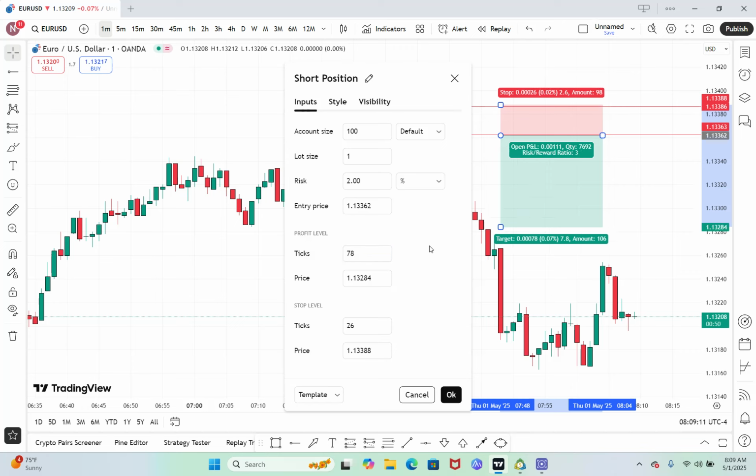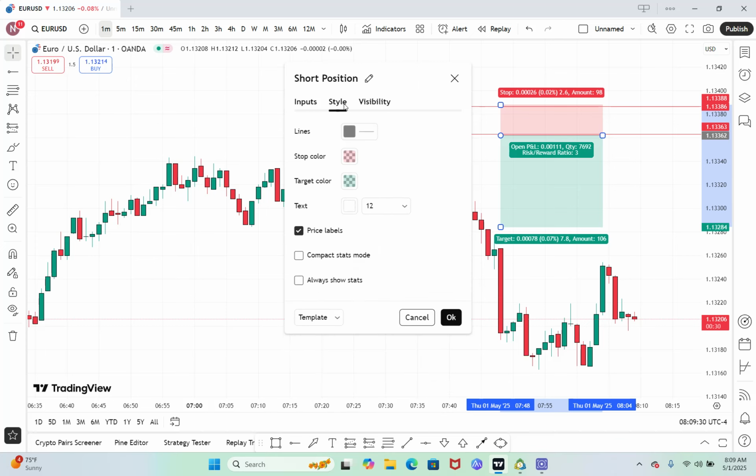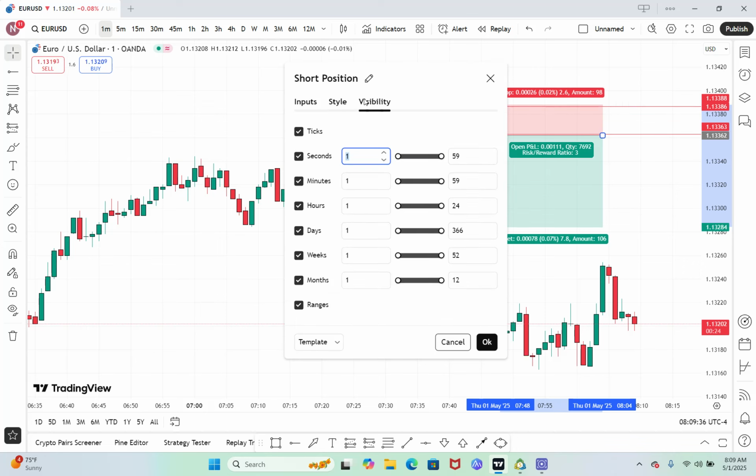So with TradingView, let me see the account size. I think I should be able to set TradingView to calculate the exact amount of pips. I don't remember how to do it.